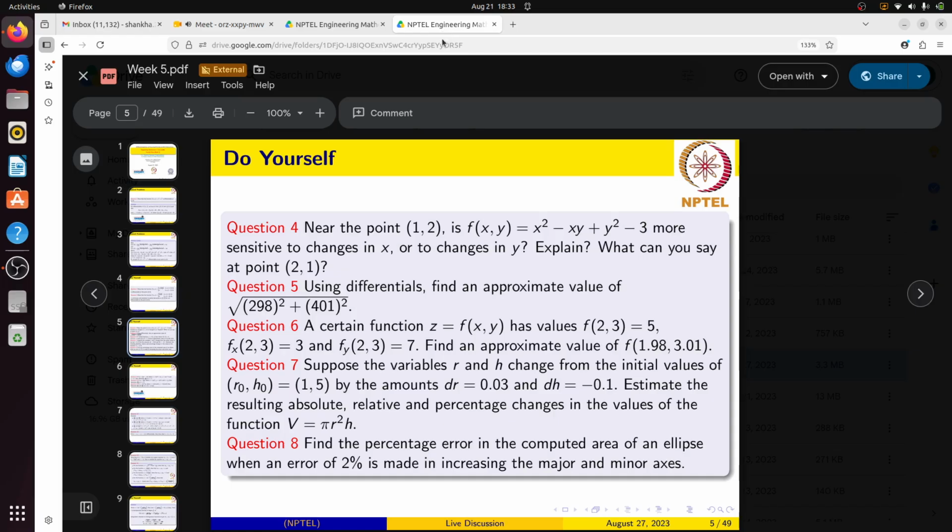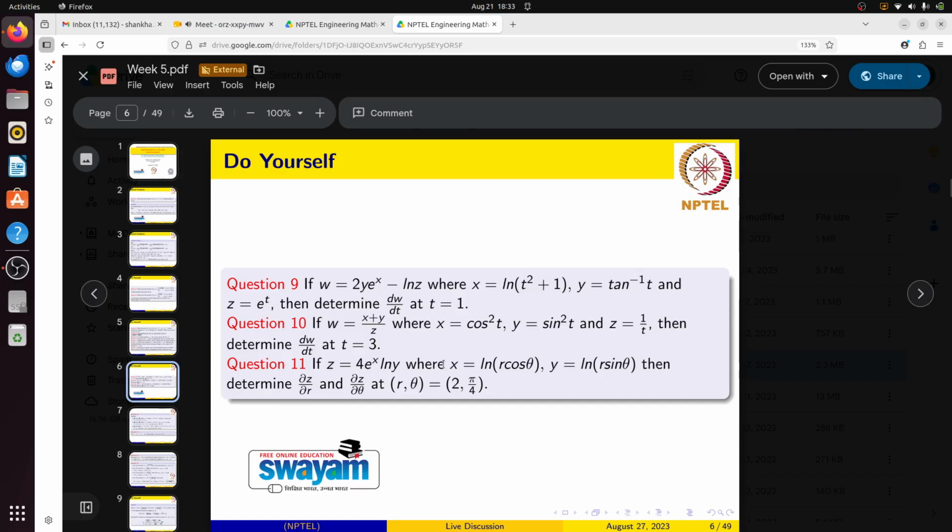Okay. So these problems I will not discuss, just read them and try to solve, you can easily get them. And now you can try to solve this one, question 9. I have already discussed the chain rule.